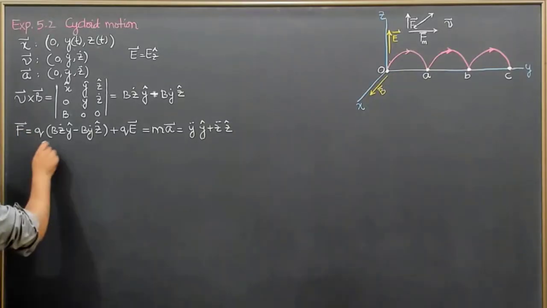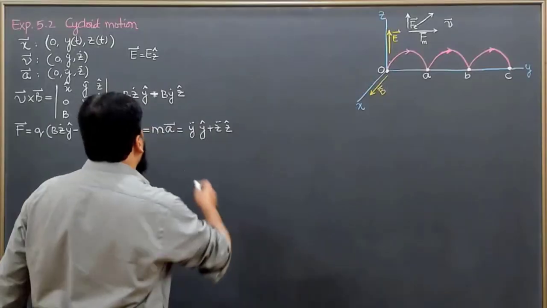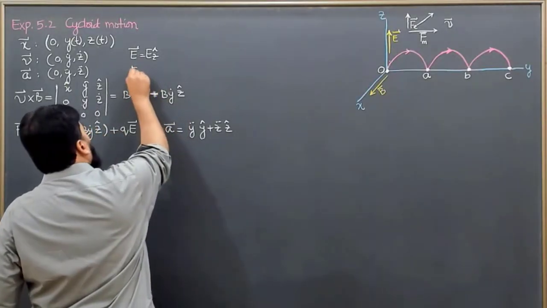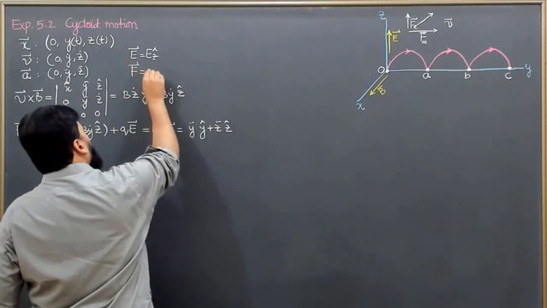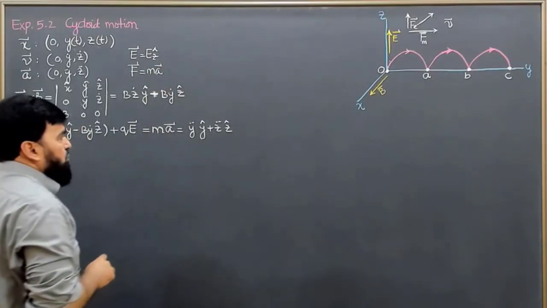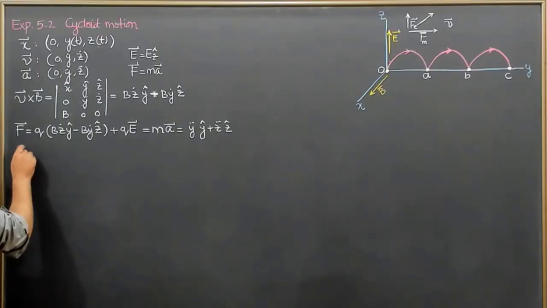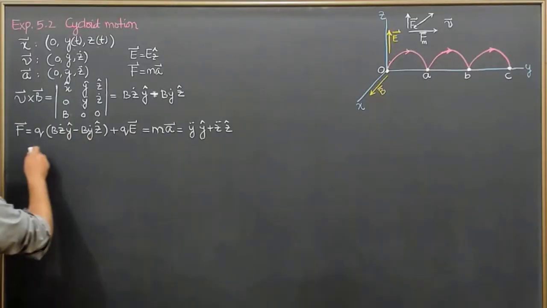So we have F equal to ma, the force which is balancing this motion, and we have the components here.